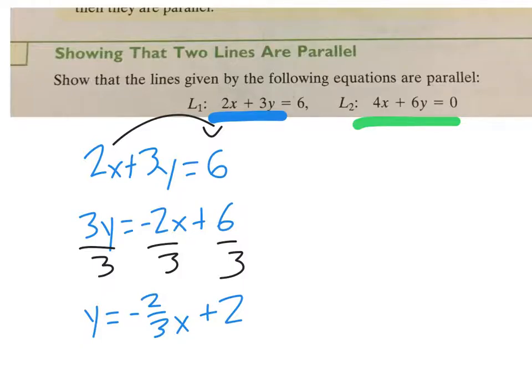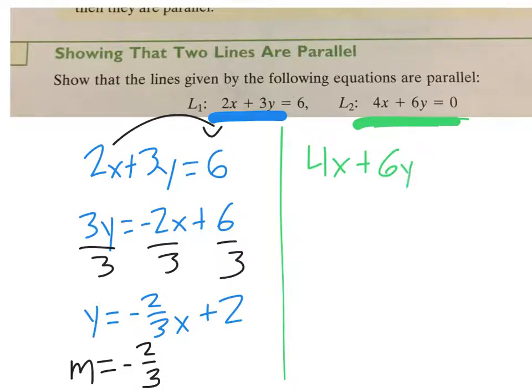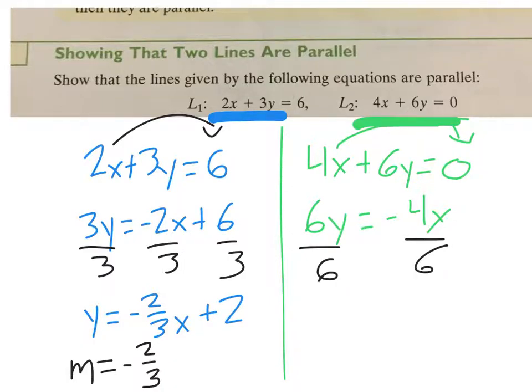So what's the slope of this line, the blue line? Very good, negative 2/3. So if the slope of the green line is the same, then I can say they're parallel. Again, I'm going to copy the line down. Now to find the slope, I need to get it in slope-intercept form. So I move the 4x to the other side. It becomes negative. So that's 6y equals negative 4x. Then I'm going to divide both sides by 6.